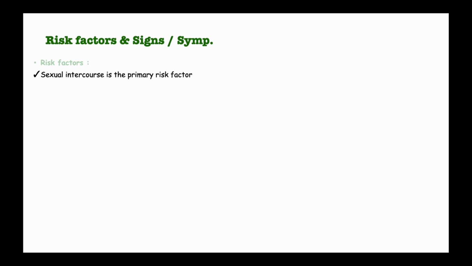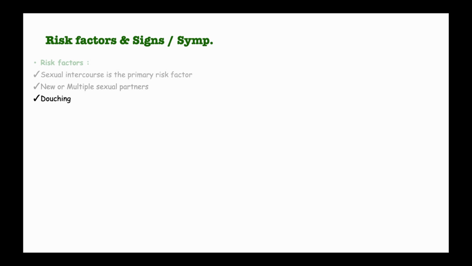It may be that the woman has a new sex partner, or the woman is having multiple sexual partners, and this alone is a very high risk factor, because once you have multiple sexual partners, you are also going to have other STIs. And when you have sexually transmitted infections, you also stand a higher chance of getting bacterial vaginosis.